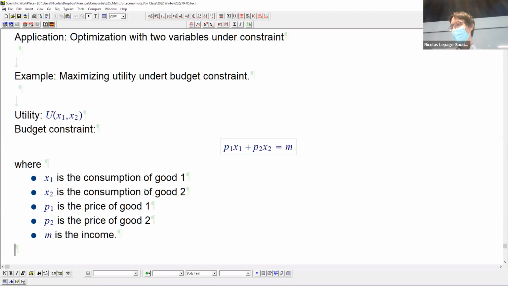Okay, so let's not use Lagrangian, because in principle we shouldn't use them in this class. So let's have some simpler methods.